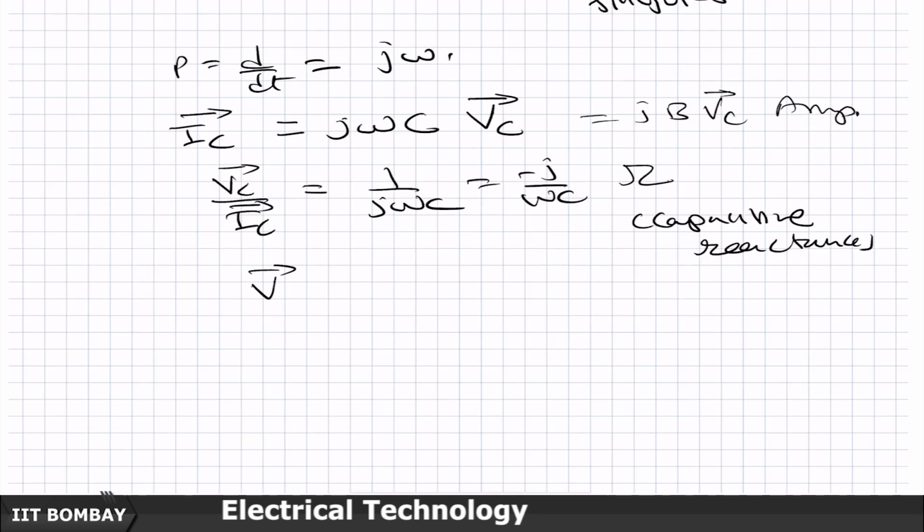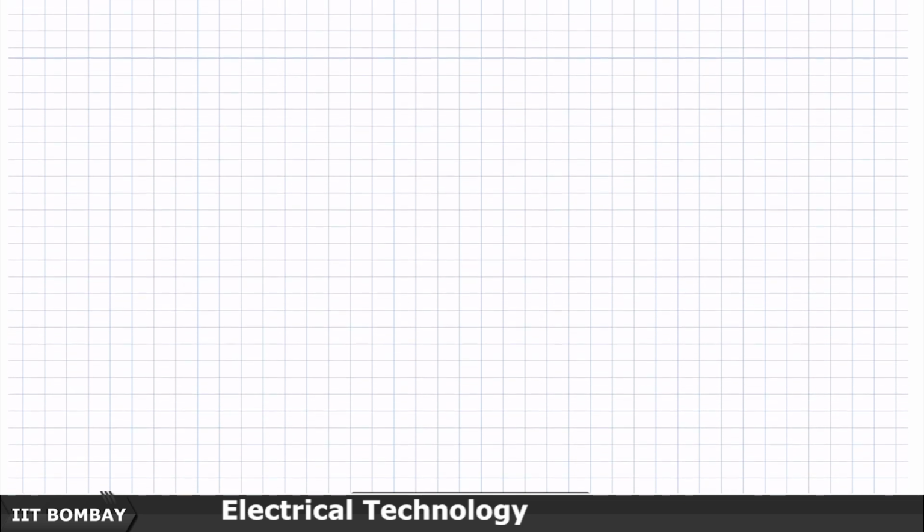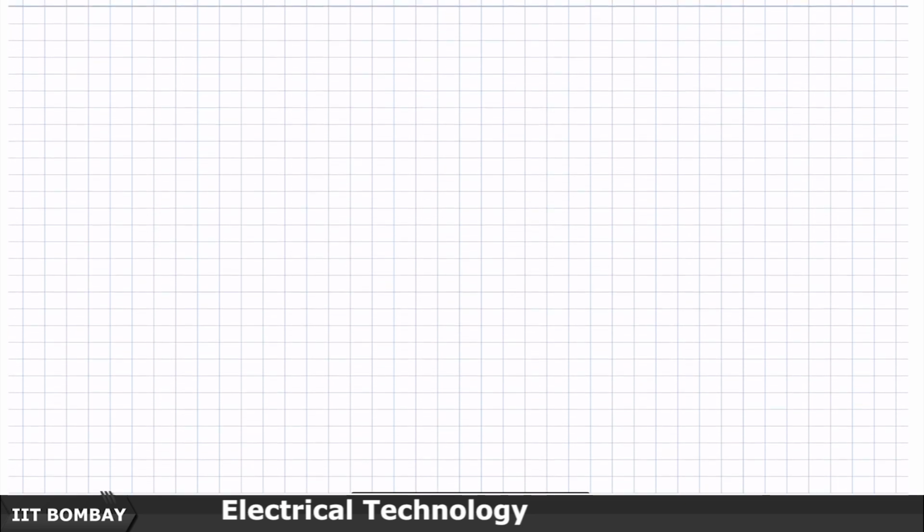And with resistors, of course, you know that this is nothing but the resistance, that is, the voltage and current across a resistor are in phase with each other.